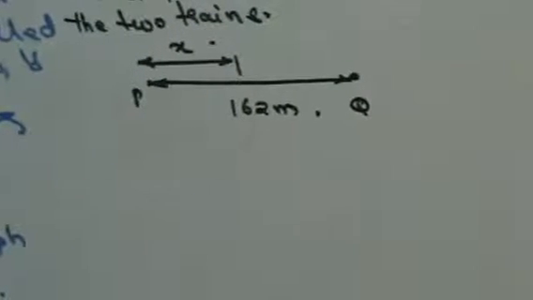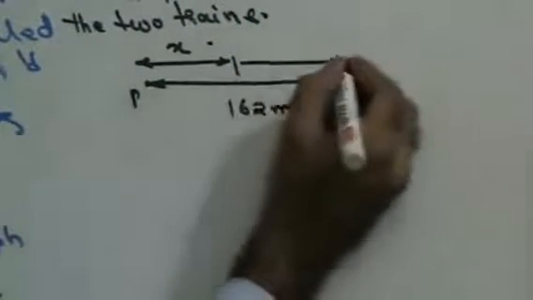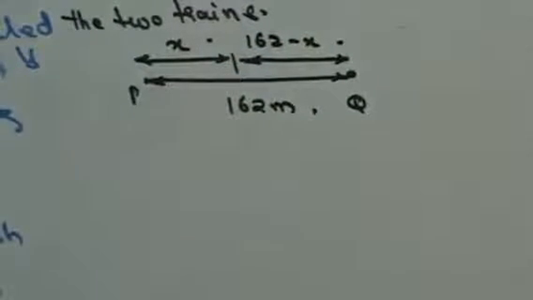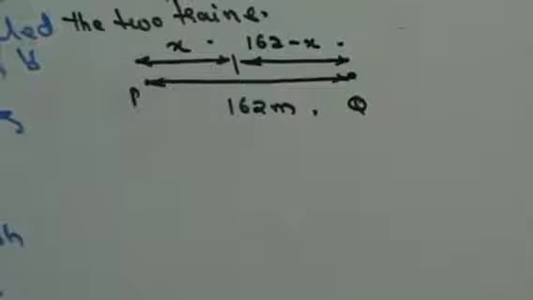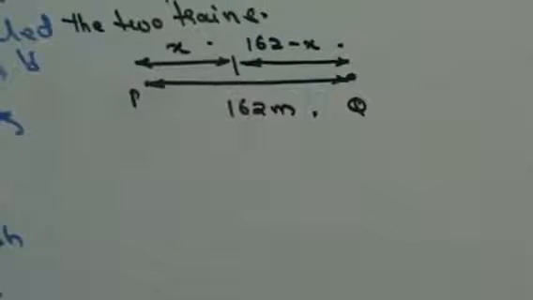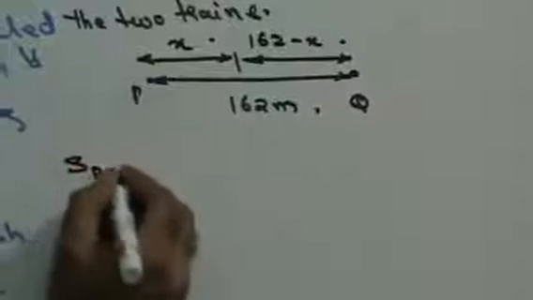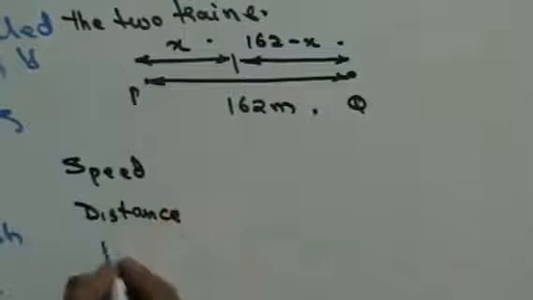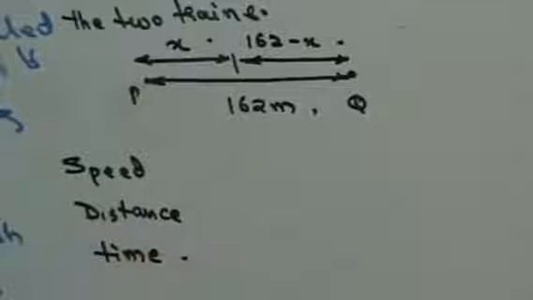So in that case, the train from Q would have covered a distance of 162 minus x kilometers. Right? Now, let's see speed, distance, time.